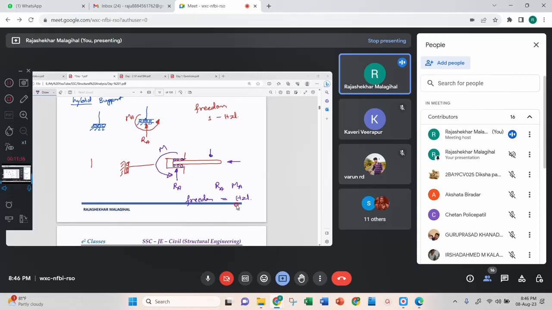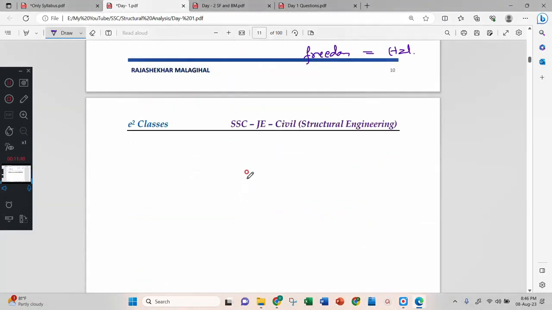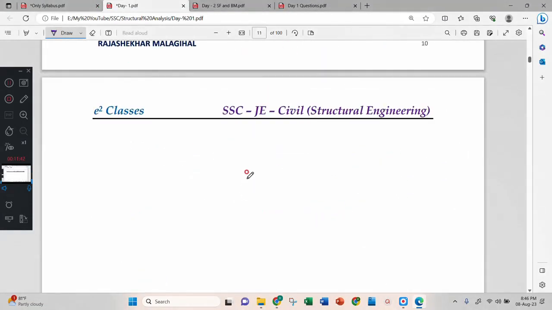Okay, now we'll go to the next one. Next we will study types of loads. The first one is point load. Point load is also called concentrated load, which is indicated by an arrow with the pointer.